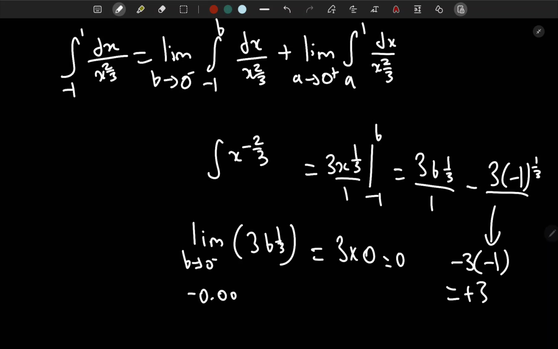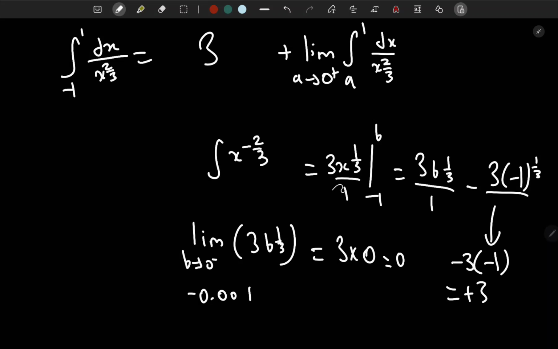Negative 0.00, let's add like 10 zeros and then 1, and to the power of 1 over 3. That's going to make it even smaller, and that is approaching 0. So it's 3 multiplied by 0, which is 0. So this part over here is simply 3.